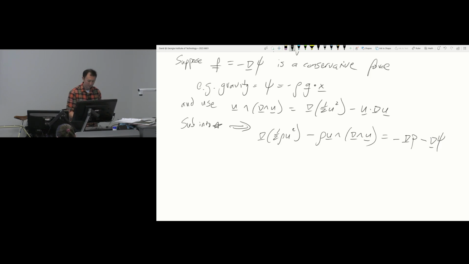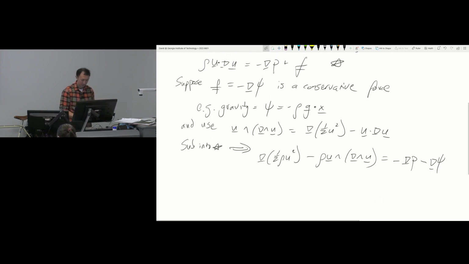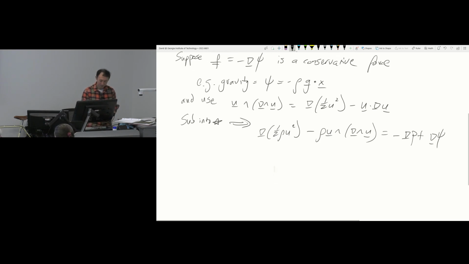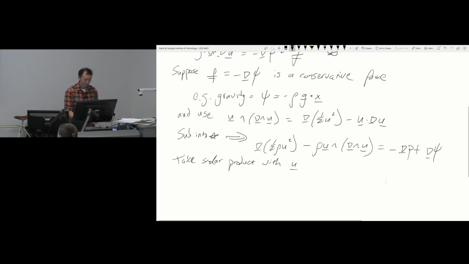All right. So all I've done is replaced this convective acceleration with these two terms. And so remember the units of all this stuff.